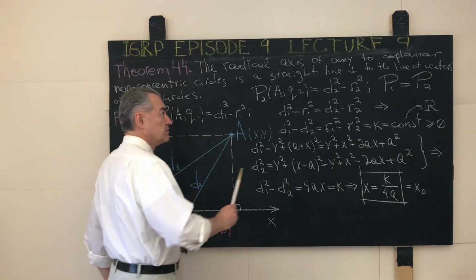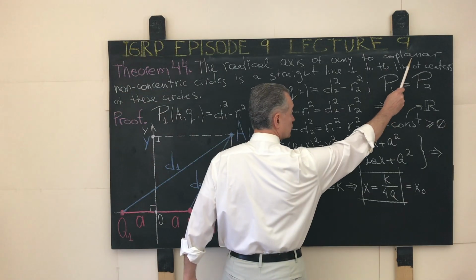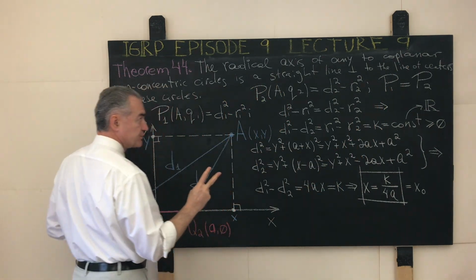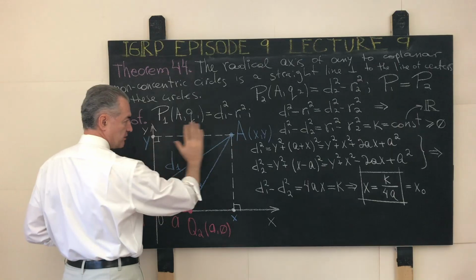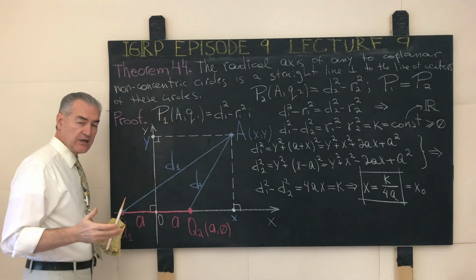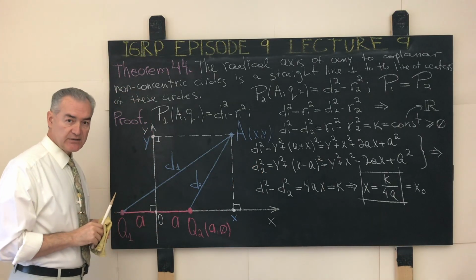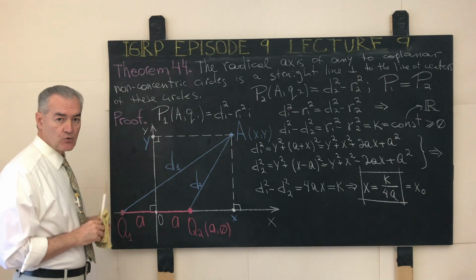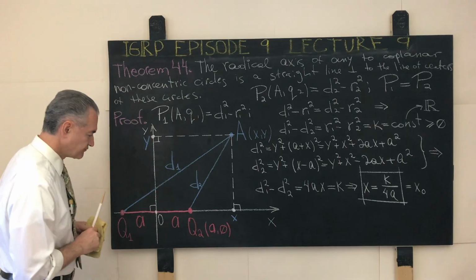Because our two given circles are coplanar, that means that both of these circles belong to one and the same ambient or parent plane, and in that plane it's always possible to construct an orthogonal coordinate system as follows.